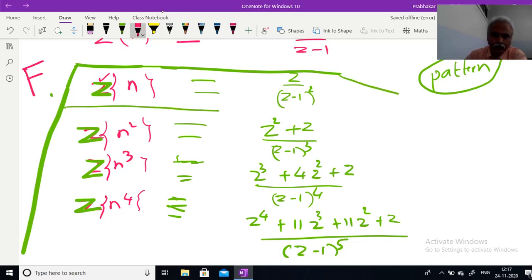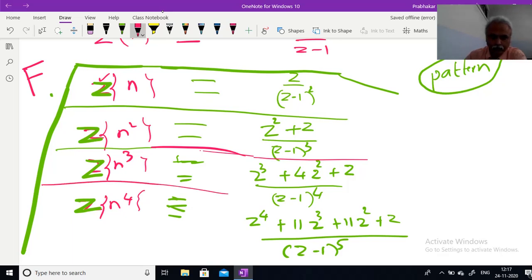First one, second one, third one, and fourth one. Here, whenever there is power 1, it is 2 here, power 2, 3 here, power 3, 4 here, power 4, 5 here. And the only thing is you have to remember these coefficients. Here coefficient is 1, here 1, 1, 1, 1, here 1, 4, 1, here 1, 11, 11, 1.